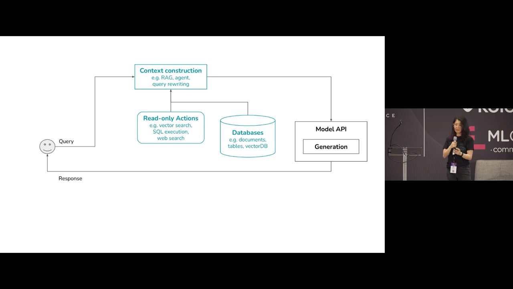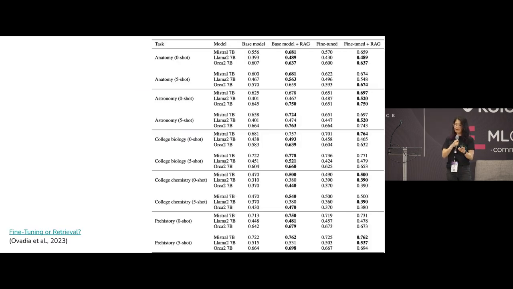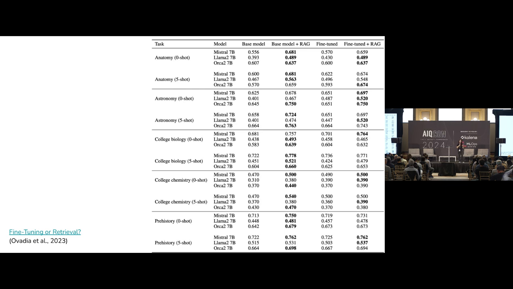I really like this research paper. It compares the impact of RAG versus fine-tuning on different tasks, this one on the MMLU benchmark. You can see that RAG gives a really strong performance boost.